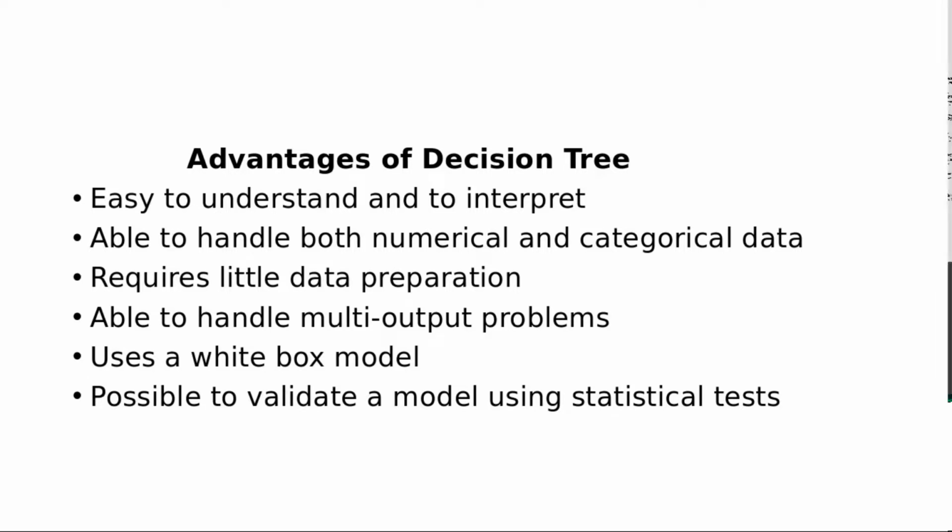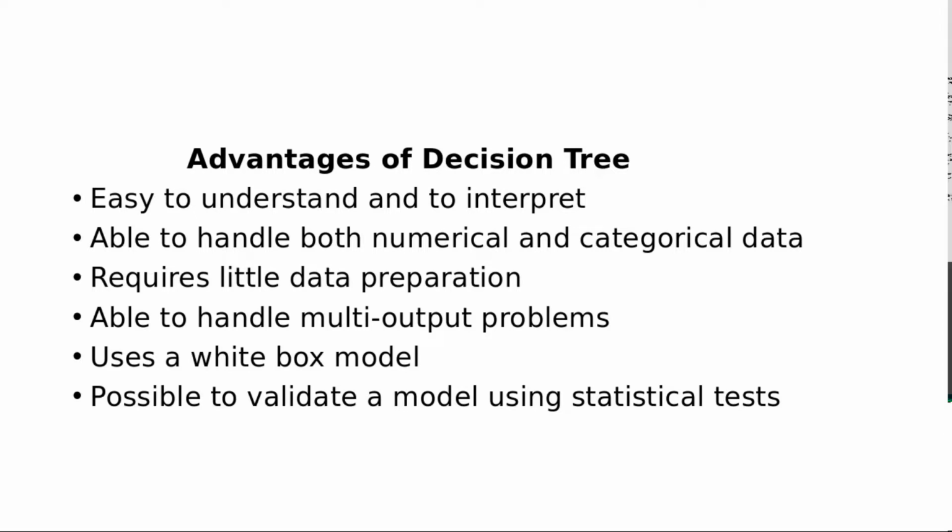The reason is that if a given situation is observable in a model, the explanation for the condition is easily explained by Boolean logic. By contrast, if it were a black box model, like an artificial neural network (ANN), it may be difficult to interpret.